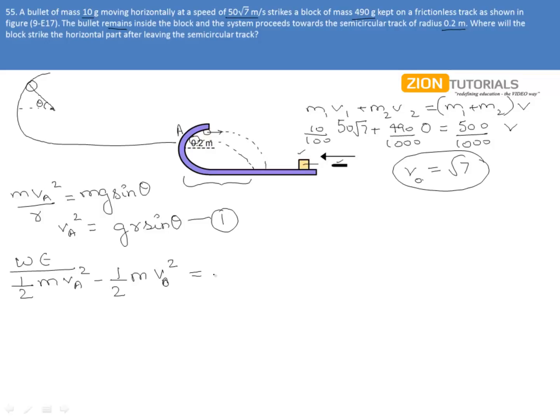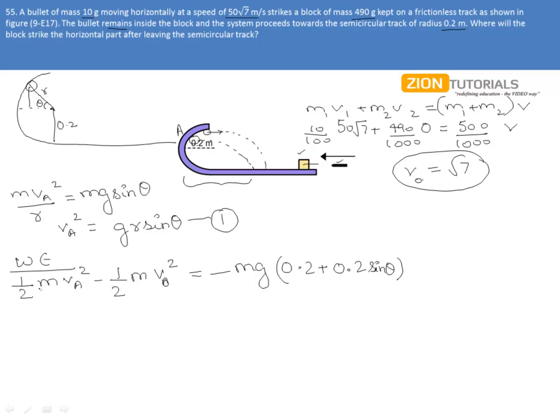The work done by the gravitational force is negative, minus mg into height. Now what is the height? The height is this one, that is the radius 0.2 plus this one. If this is r, then this must be r sine theta. So this height becomes 0.2 plus 0.2 sine theta.